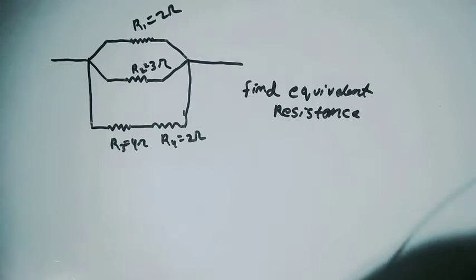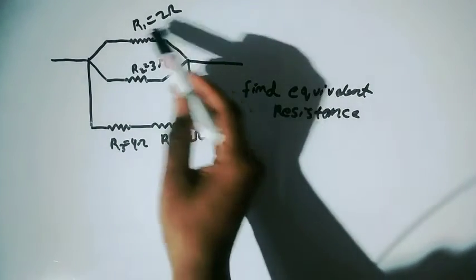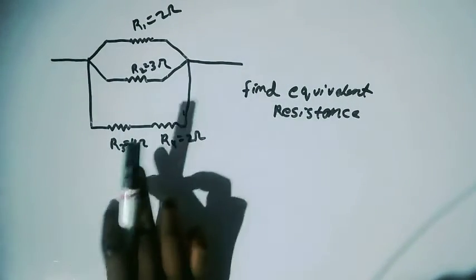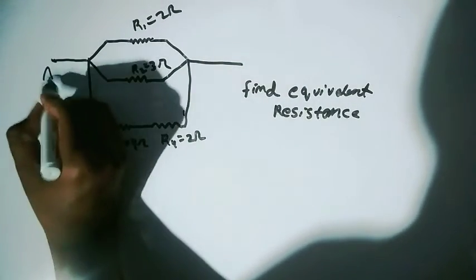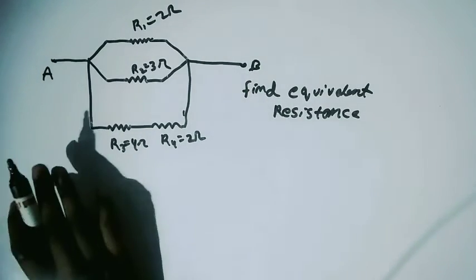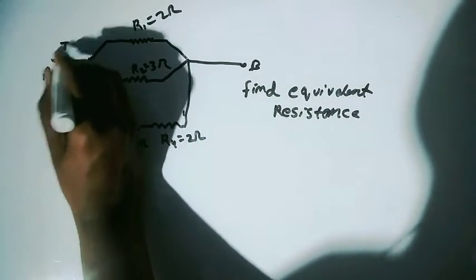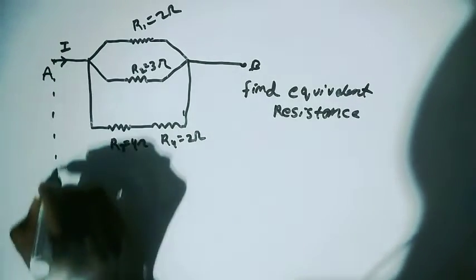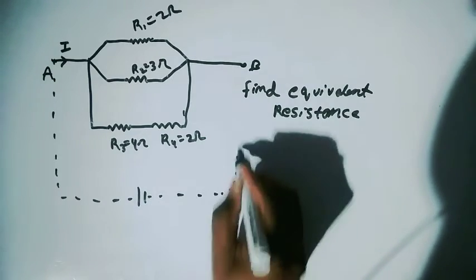In the next question we have this circuit. Here we have R1 is 2 ohm, R2 is 3 ohm, R3 is 4 ohm, and R4 is 2 ohm. And we have to find the equivalent resistance between these two points A and B. Suppose current I is flowing through this circuit, let's connect this to an imaginary cell.